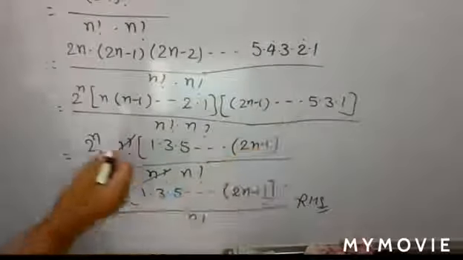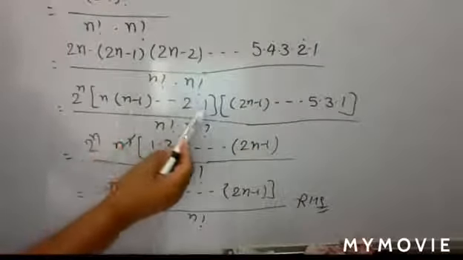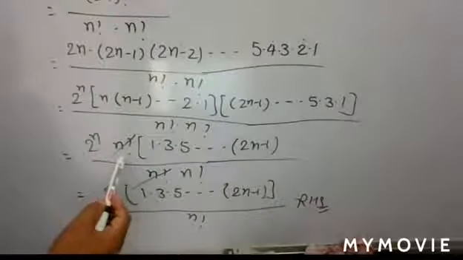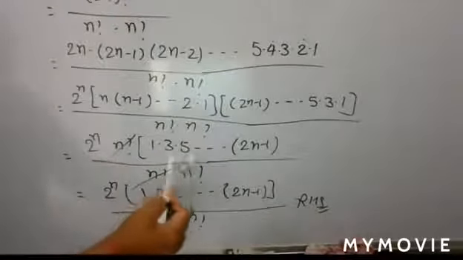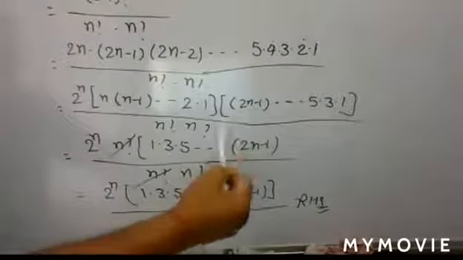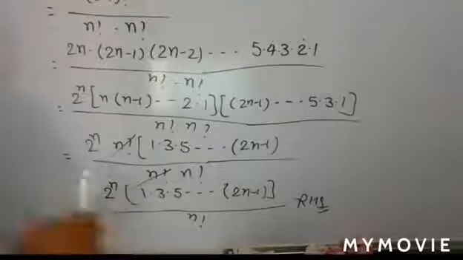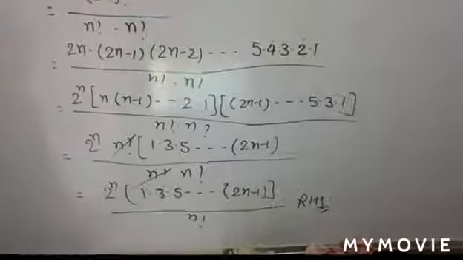And n minus 1 up to 1, this continued product is equal to factorial n, written in reverse order. So factorial n is cancelled, and finally you have your answer. Okay, so write the next question.